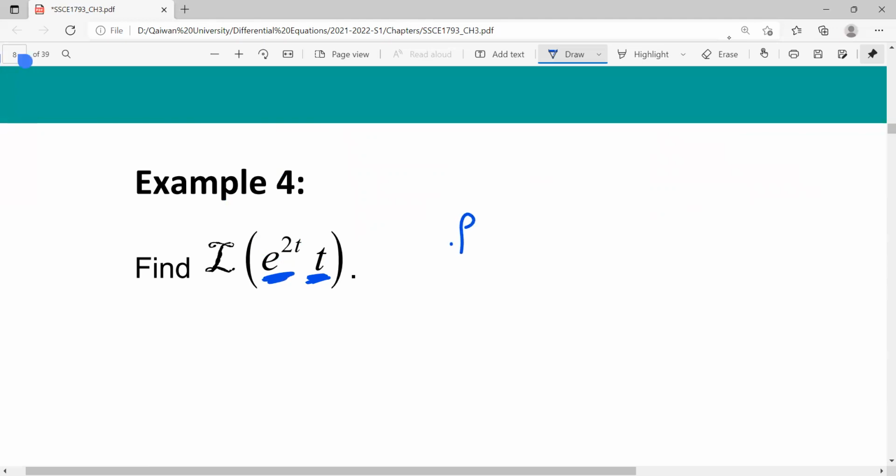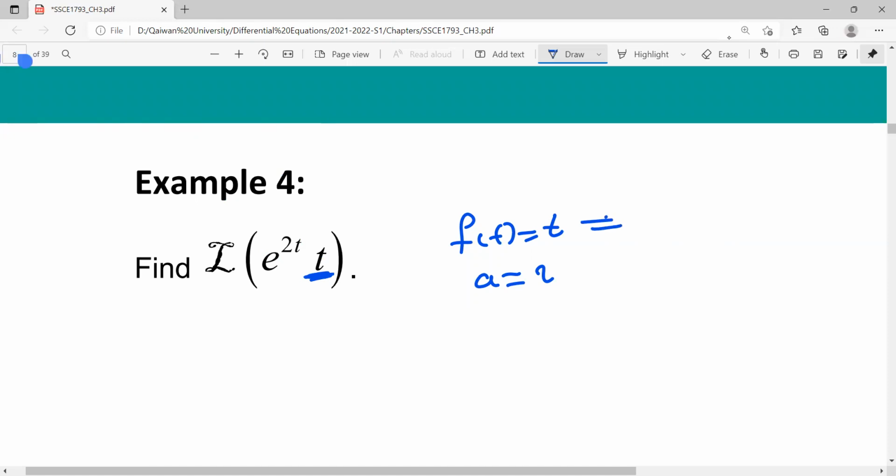That means f of t equals t, and a is this exponent, which is 2. So we just apply the rule. First, we should find the Laplace transform for t. It's a polynomial, t to the power n. n here is 1. It's 1 factorial divided by s to the power 1 plus 1. We just add 1 to the exponent.